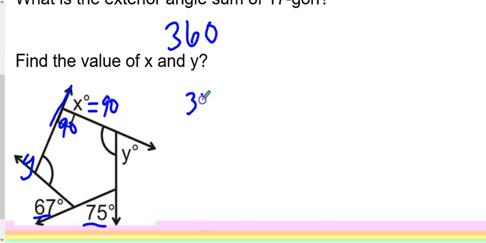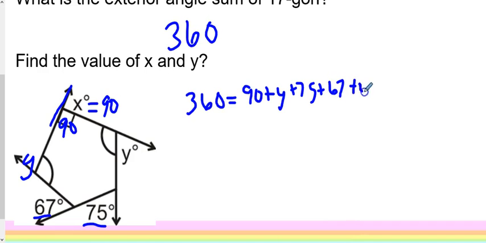So we're going to say 360 equals 90 plus y plus 75 plus 67 plus y. And now we've got all of our angles. Now instead of typing y into Desmos, I'm actually going to type x because it solves for x.